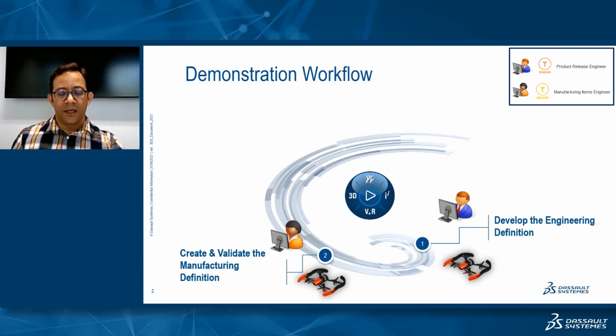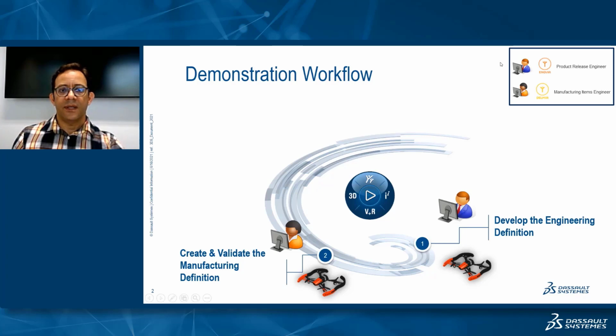Now at this point, because of a clash that was found between one of the components of the drone and the assembly station that will be used to assemble this drone on the manufacturing shop floor, the manufacturing engineer will not continue working on the manufacturing definition. He will report this clash back to the engineer, and that will require a new redesign of the support of the camera.